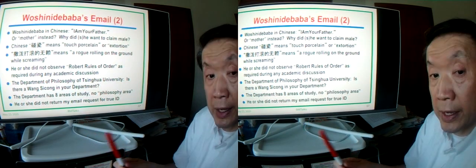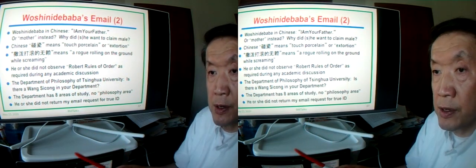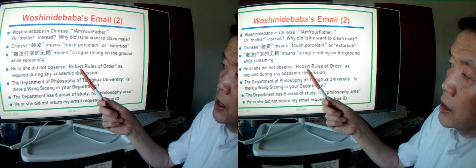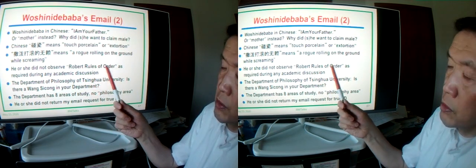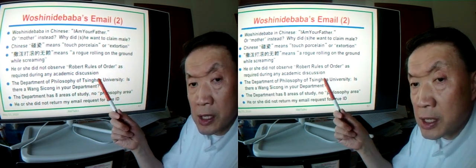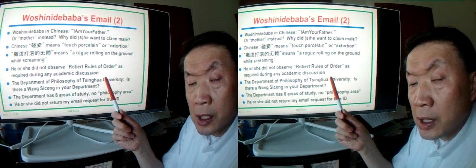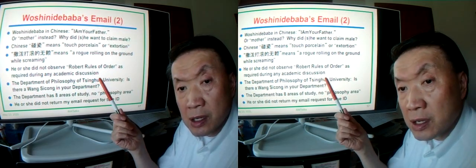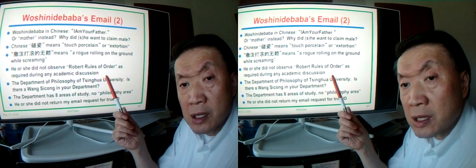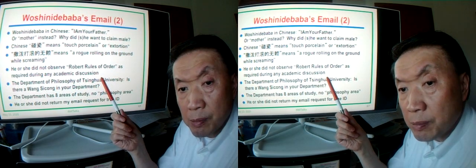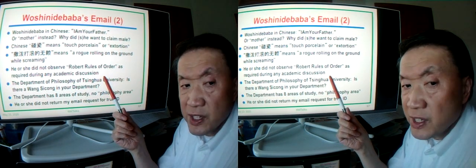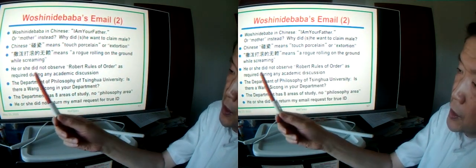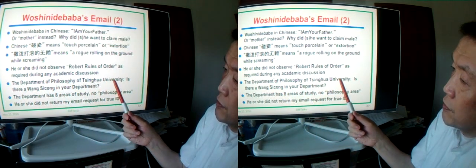Nothing technical was discussed at all, in terms of whether the evidence is really the evidence or false. They did not observe the rules of order, because the rules of order say that you cannot attack the presenter's motive. You cannot attack his background. You can only discuss the point that he was making, because his motive is irrelevant. That person said they are in the Department of Philosophy of Tsinghua University.